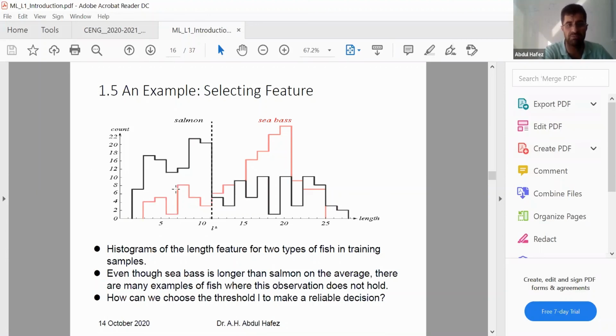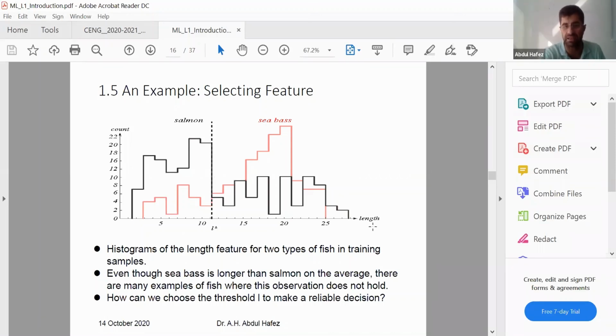I will say 12, etc. For all fish, I take the measurement and draw this line. We call this line the histogram. It represents the count of fish that carry a certain value of length.